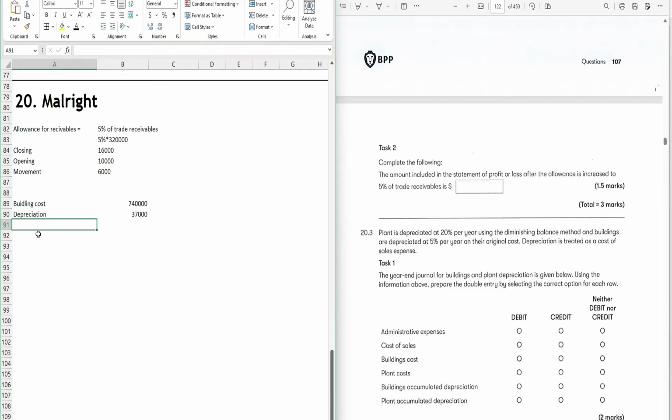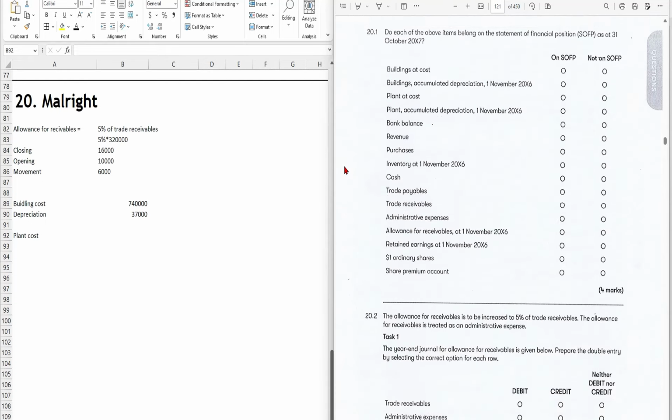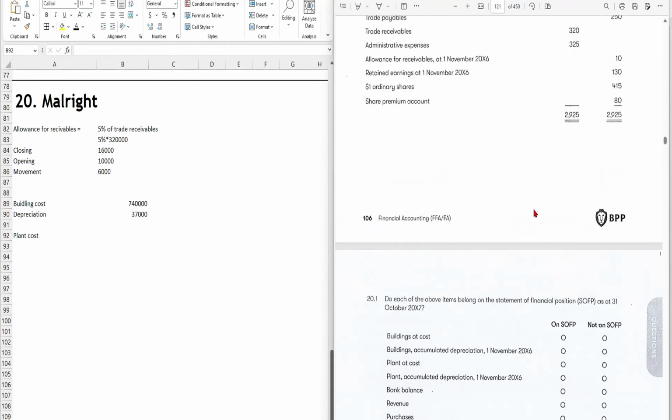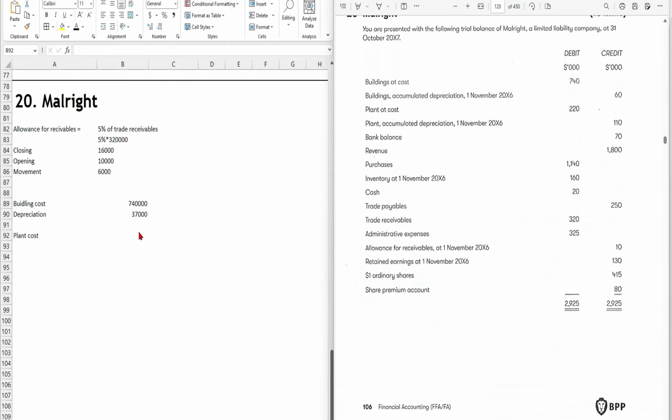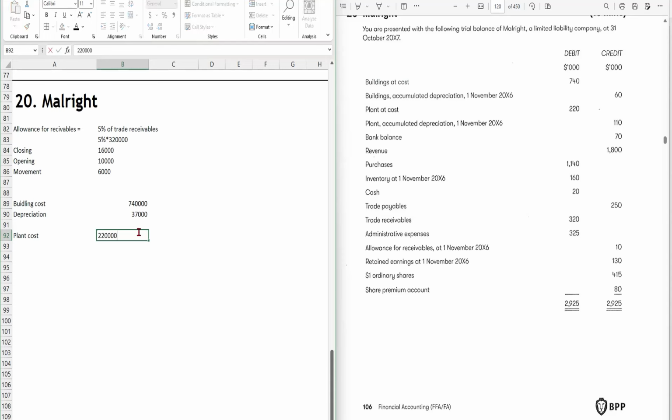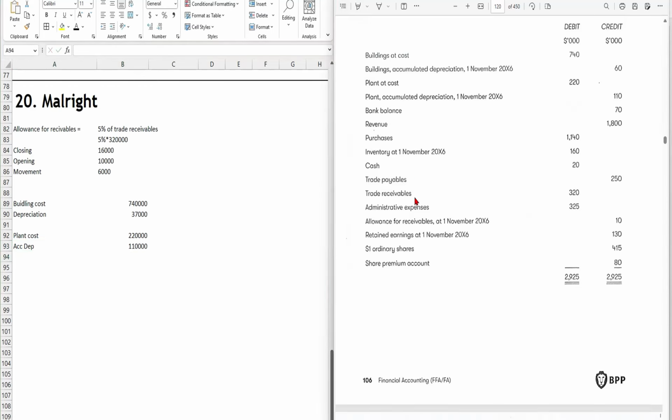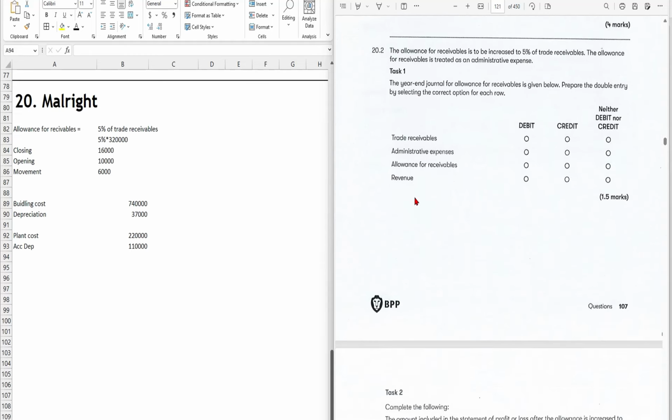37,000. Now for the plant, we need to find the cost, and the plant cost given is 220,000. Okay, 220,000. But accumulated depreciation for the plant is 110,000. So why have I taken the accumulated depreciation?